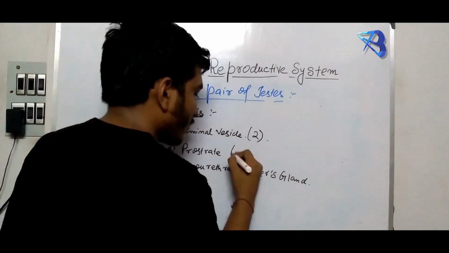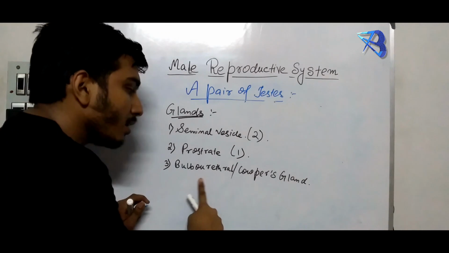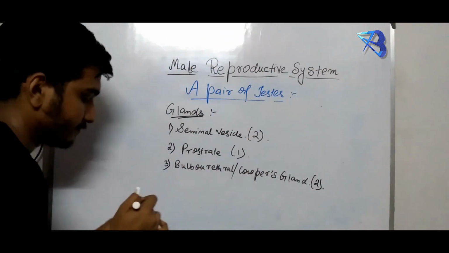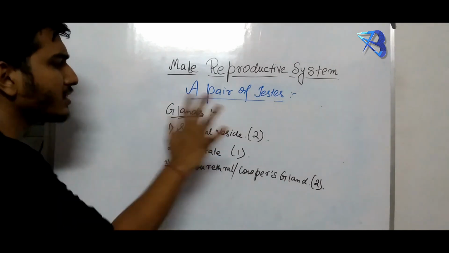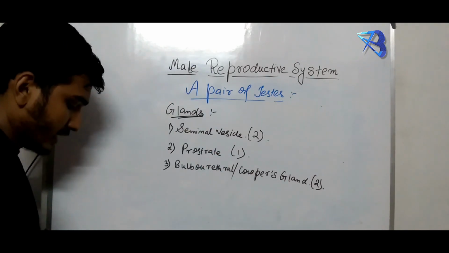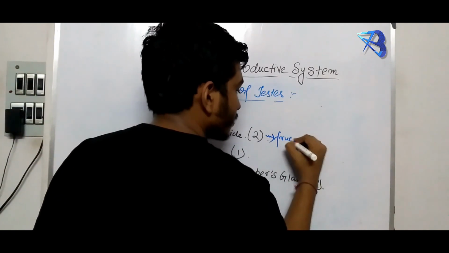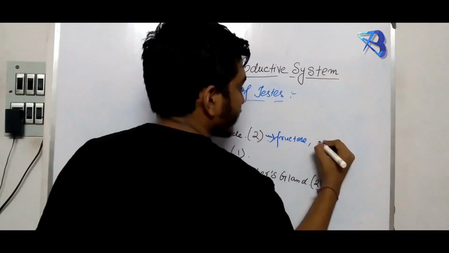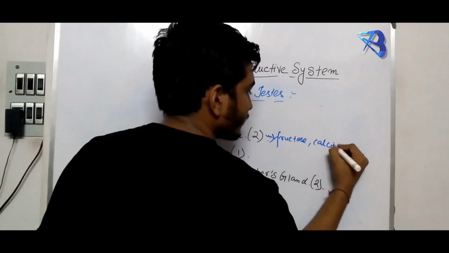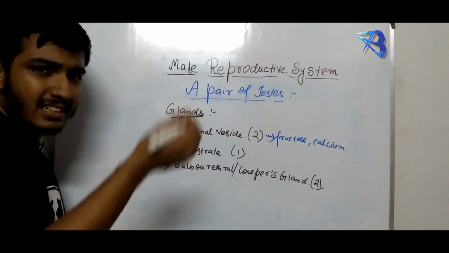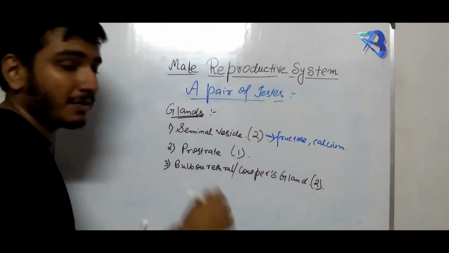Prostate, 1 in number. And bulbourethral or Cowper's glands, 2 in number, often asked in NEET. What is the function of the seminal vesicle? It is rich in fructose and calcium and has certain enzymes also, like prostaglandins.